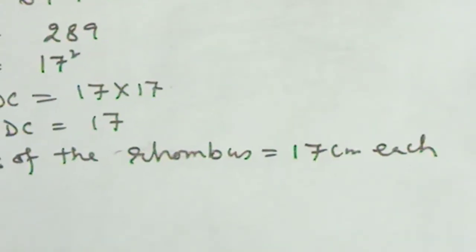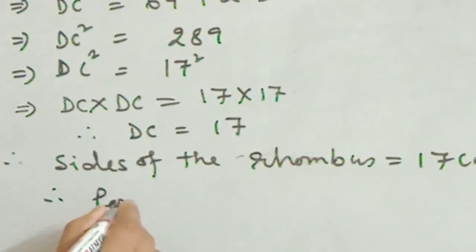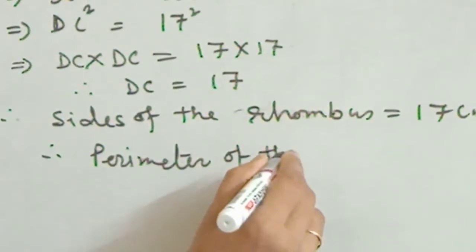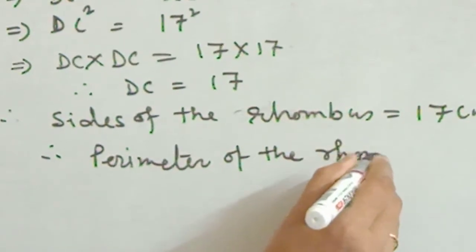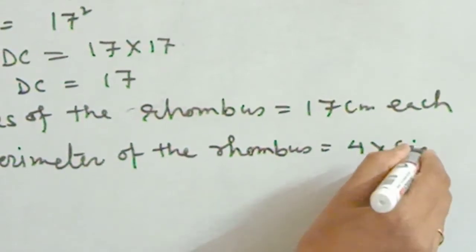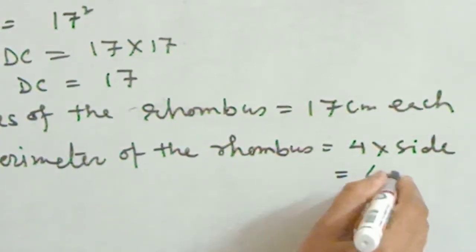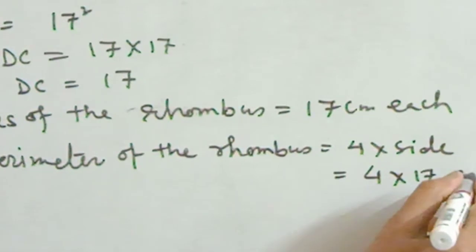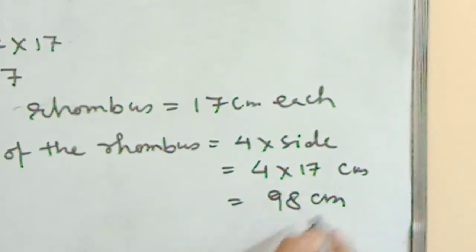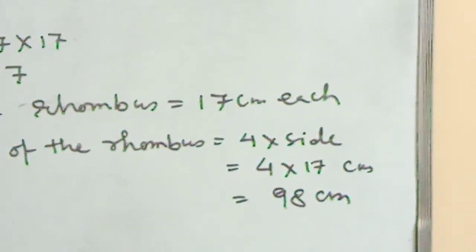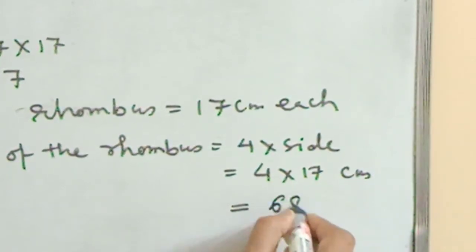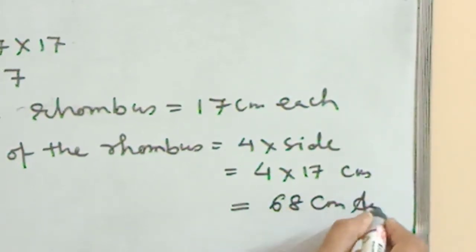All the sides are equal. Therefore, perimeter of the rhombus is equal to 4 into side, that is 4 into 17 centimeter. Sorry, 17 fours are 68 centimeter, and this is the answer of this sum.